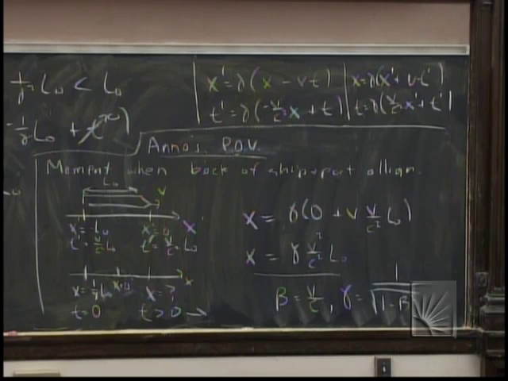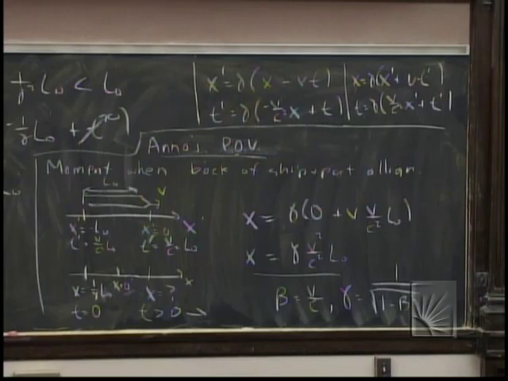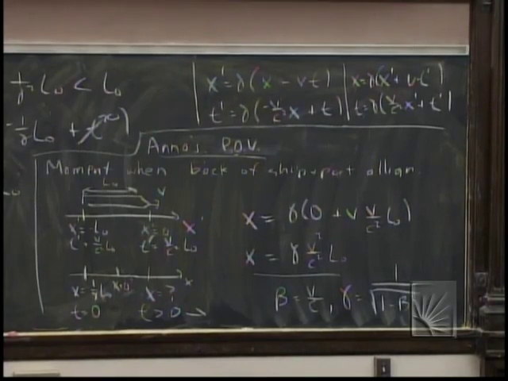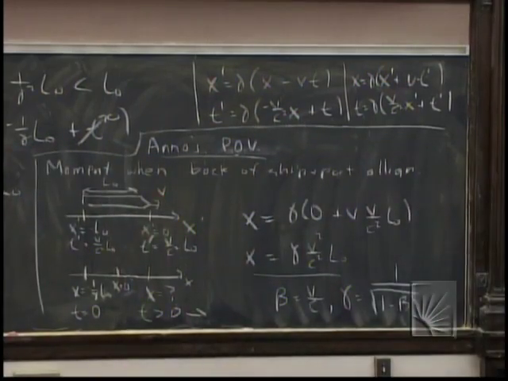The book kind of uses this a little bit, but not all the time. I'm going to use it all the time, because if you're doing these equations, you get sick of writing V over C. And they do use gamma, because you certainly get sick of writing 1 over the square root of 1 minus V squared over C squared. I said that wrong, but you know what I mean.